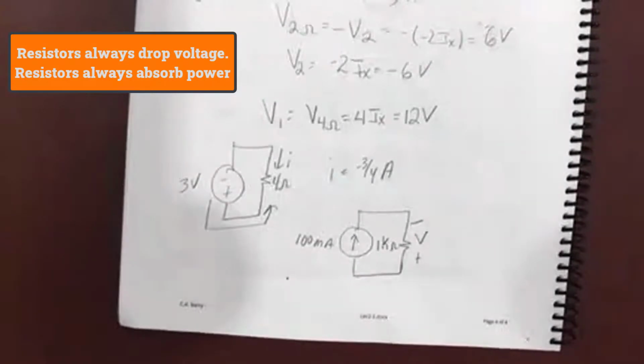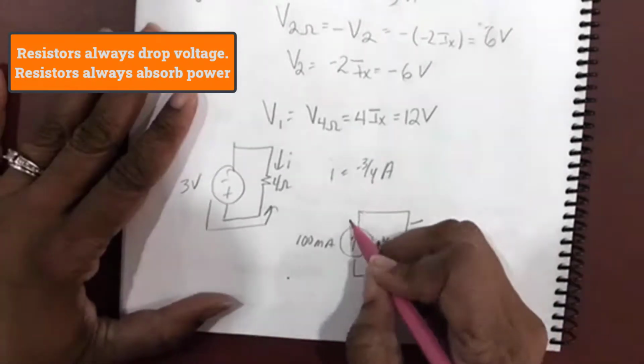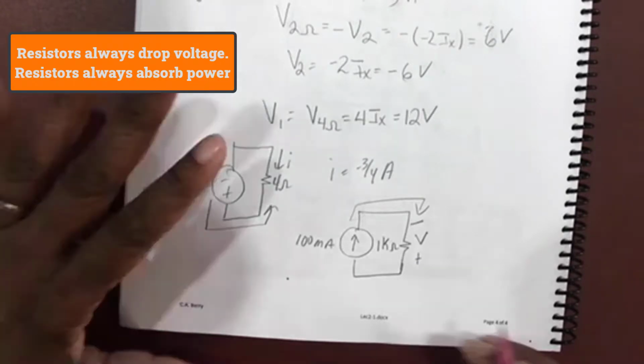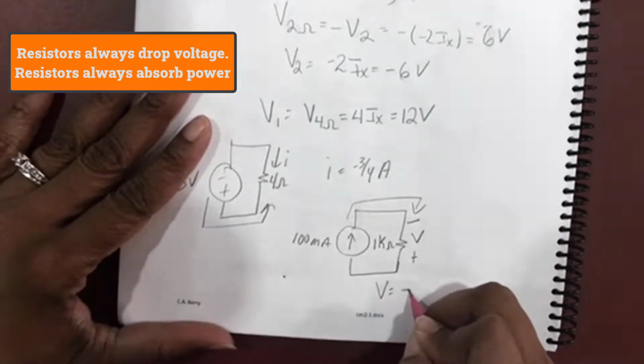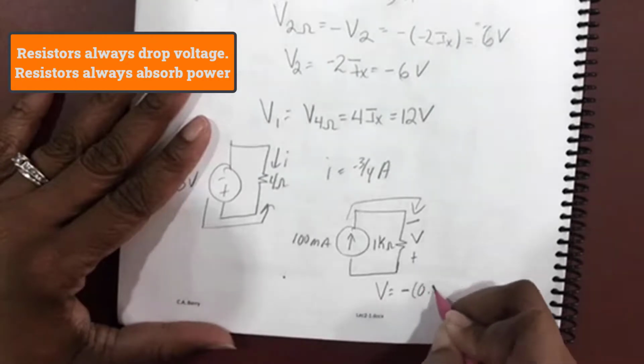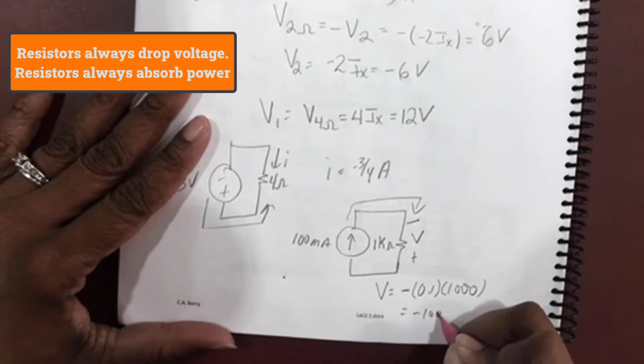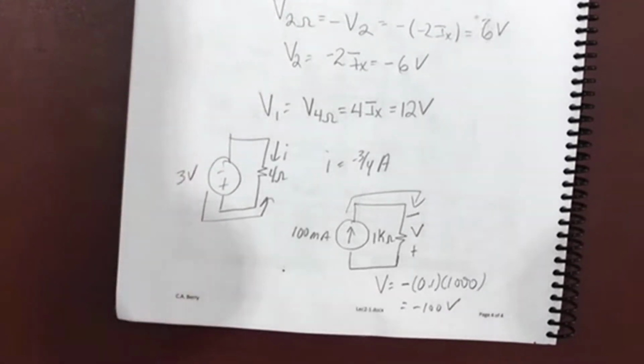I know that resistors drop voltage. So this is not telling me that the resistor is delivering power. It's telling me that the red and black on my voltmeter are measuring the negative of the voltage drop across that resistor. So V is -0.1 times 1,000 or -100 volts.